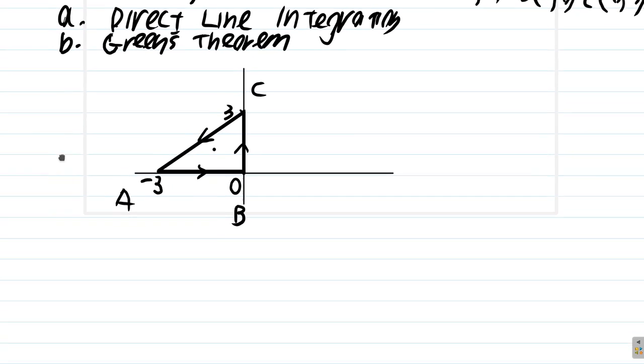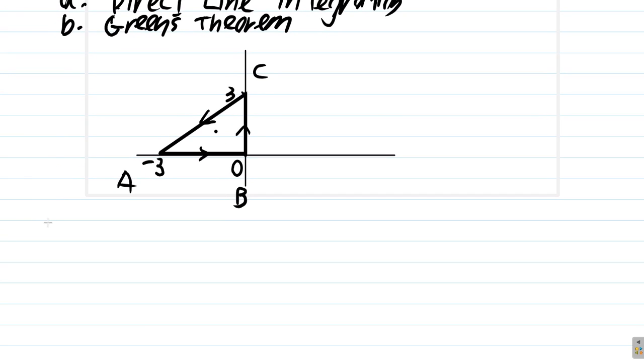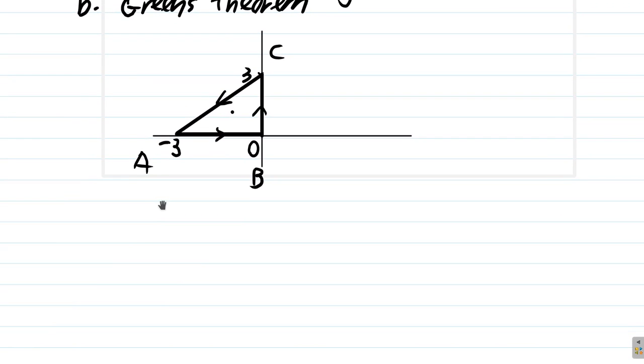So, we're going to integrate using direct line integration. With direct line integration, you have to be dealing with each component of the curve. In this case, it's a set of straight lines, but it's still called a curve.